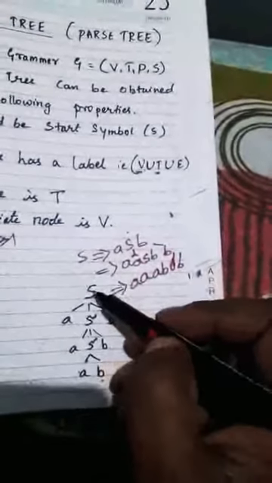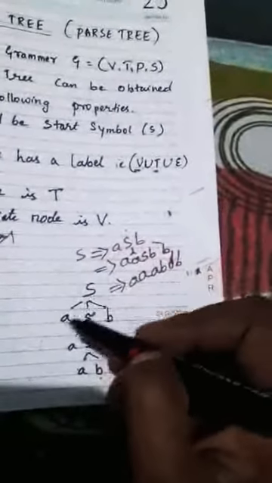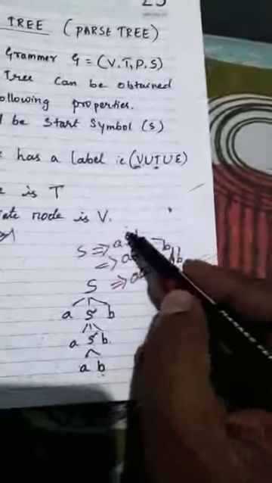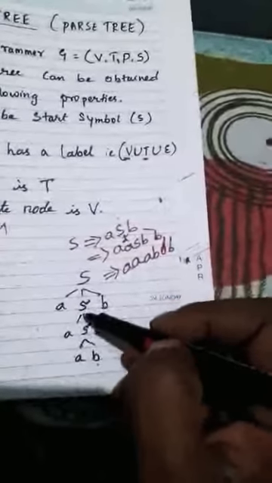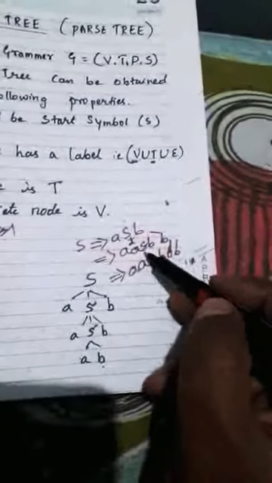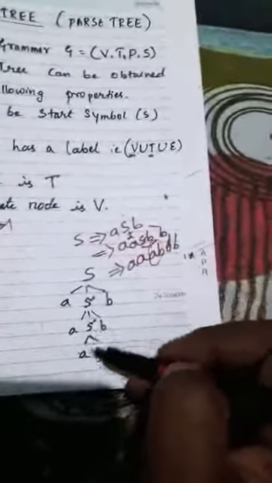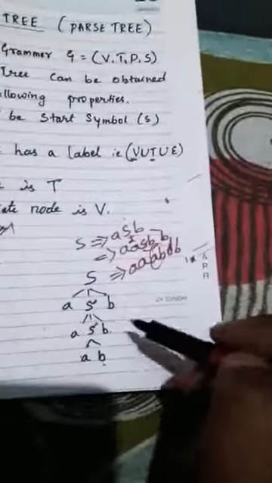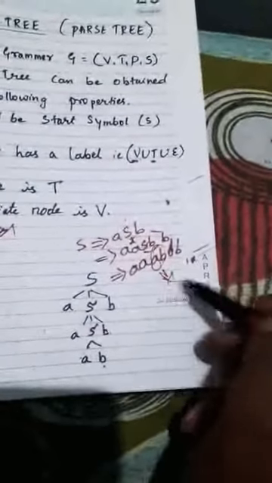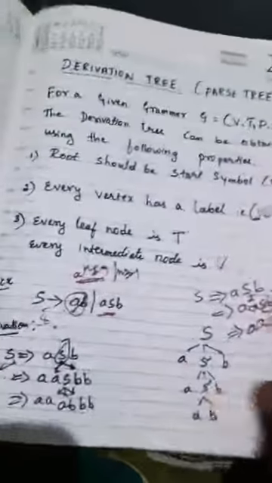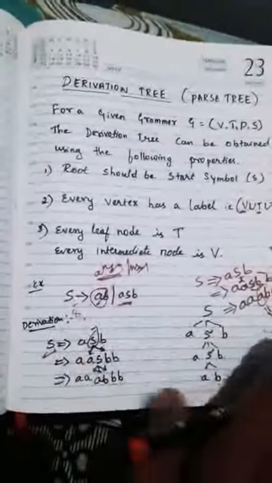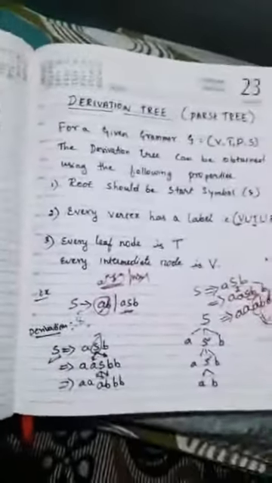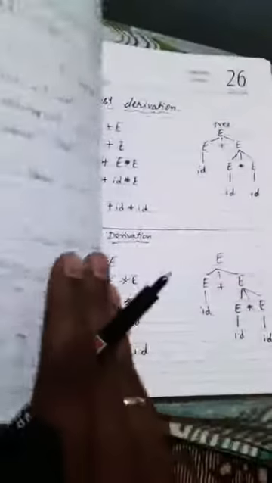You started with S, ASB. Second, the value of S you replaced with ASB again. Now S is replaced with AB. Further, you cannot derive because you don't have any non-terminating symbol here. So it's very simple. Writing a derivation tree or a parse tree is based on the derivations that you have got for a given grammar. That's why we call it a derivation tree.